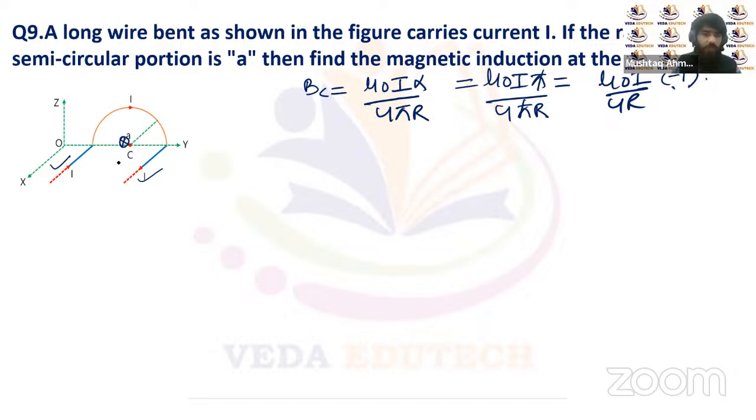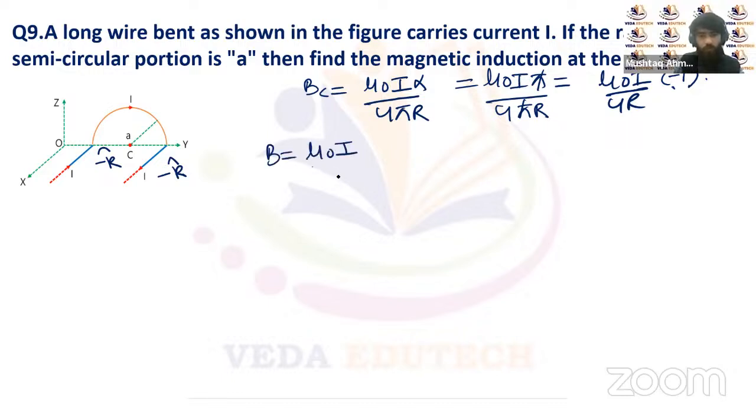And the direction of the magnetic field because of the semi-infinite wires, we can use the right hand thumb rule. At this point C, it has to be along the negative z direction, or minus k cap, for each of them. And the magnitude of the magnetic field because of a semi-infinite wire is mu naught I upon 4 pi d.